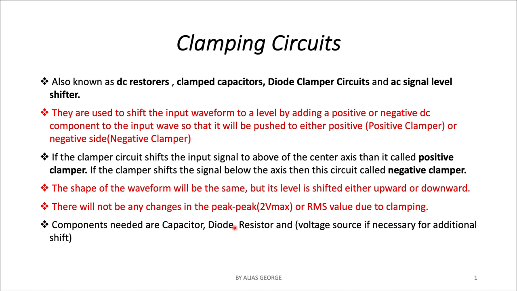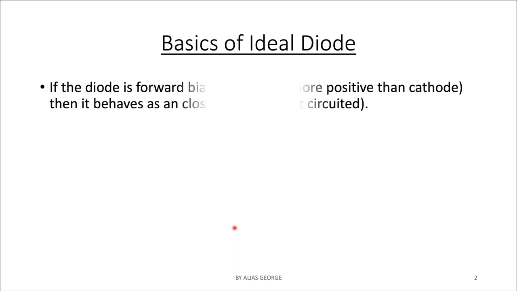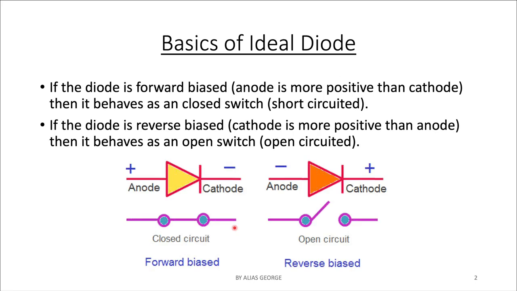Then as I earlier told, we will be starting from the very basics of the components used in the circuit. So first we will be looking into the diode. We can see here that a diode has two terminals, cathode and anode. For the time being, assume this diode to be ideal.